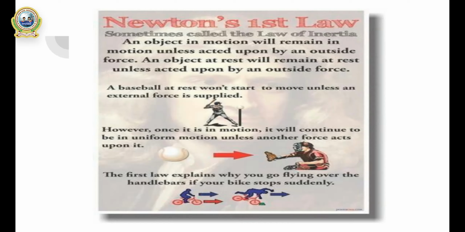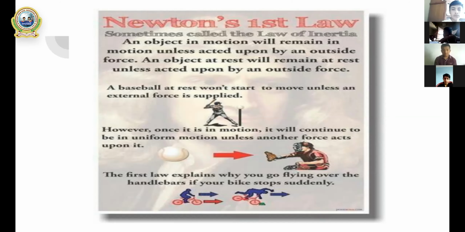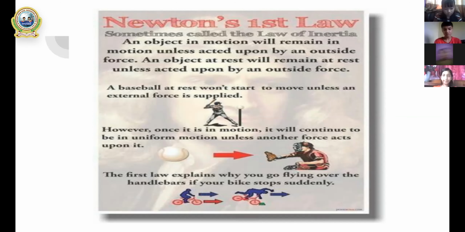Though earlier we mentioned them as inertia of rest or inertia of motion, looking at the conditions of the objects. For example, when we pull the paper that is kept over a glass which has a coin on it, and we pull the paper quickly, the coin falls in the glass.